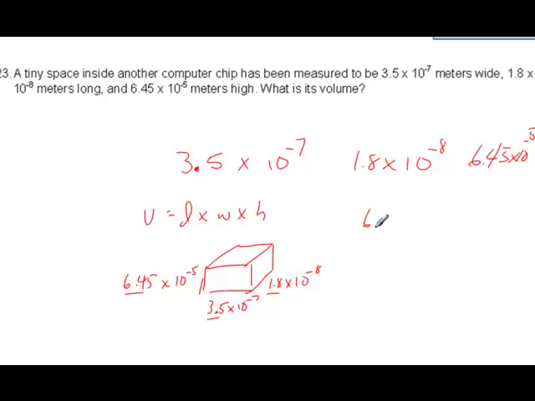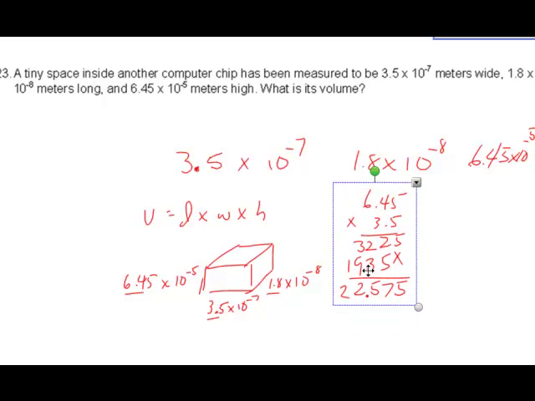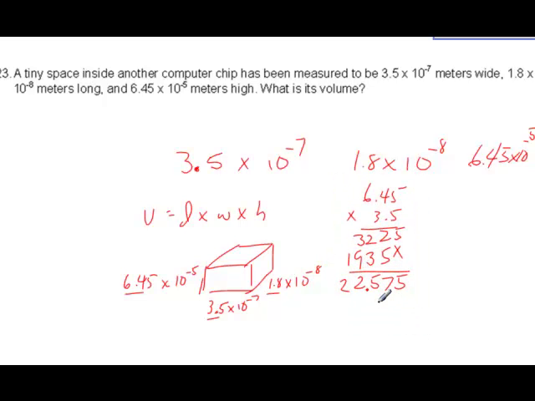Okay? 6.45 times 3.5. Okay, 5, 22, 32. This is what happens when you're good at your math facts. 15, 13, 19. You do it fast. You guys can be just as fast as me. Now I'm going to move this up, and I'm going to multiply by 1.8, right? 40, 56, 60, 46, 16, 20, 16, 18.